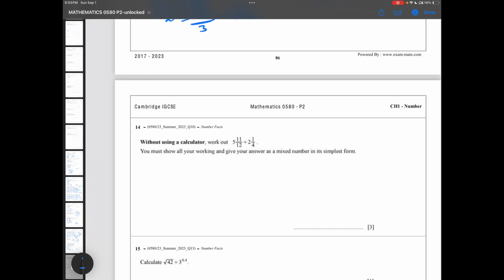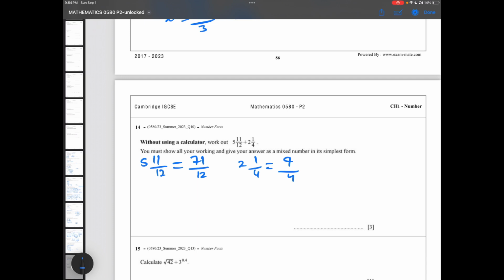First, we convert these mixed fractions into improper ones. So 5 whole 11 upon 12 is equal to 12 into 5 is 60 plus 11, 71 upon 12. 2 whole 1 upon 4 is equal to 4 into 2 is 8 plus 1, 9 upon 4.